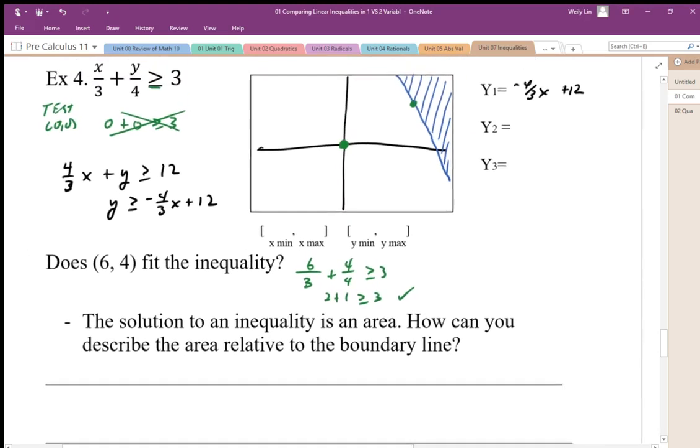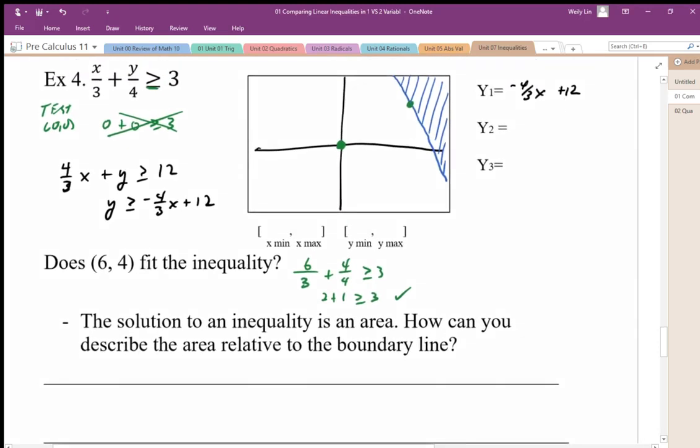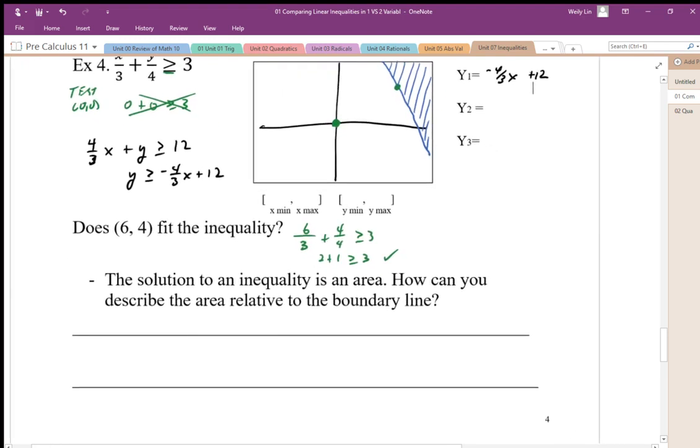So the solution to an inequality is the area. We can describe the area relative to the boundary line, and it is the area either above or below the boundary line.